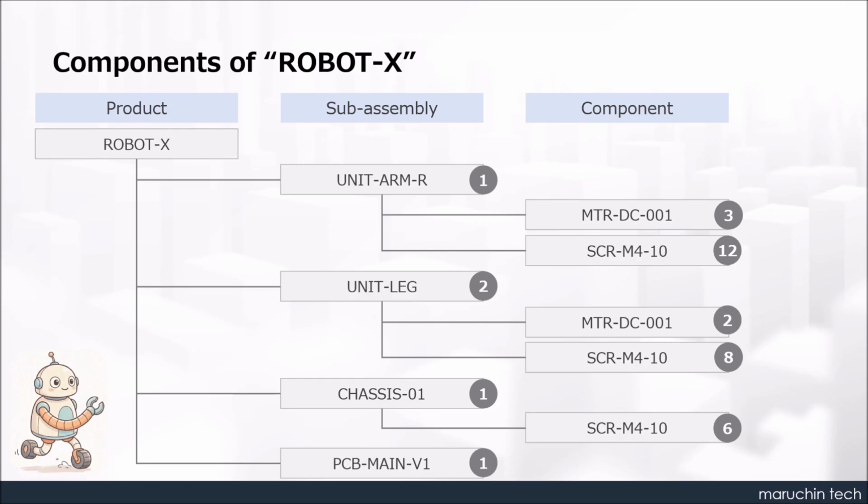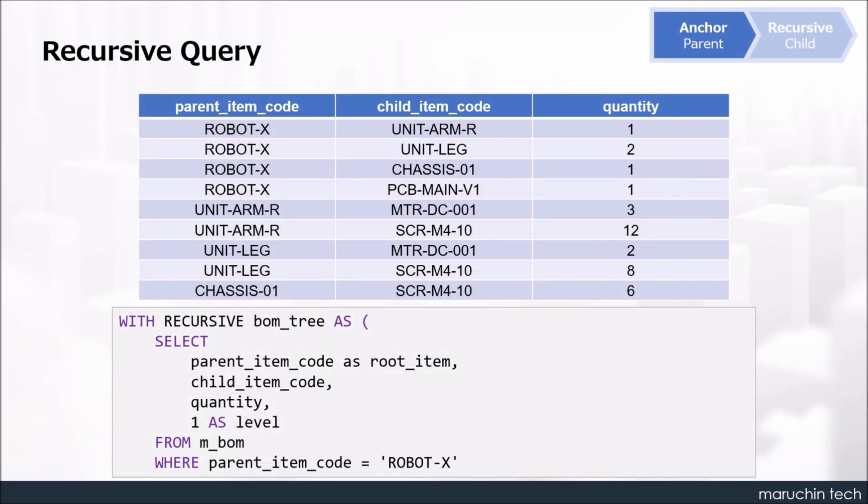Next, we create a table for the parts that are children of those semi-finished products and join them. Here is the actual query. Starting from mbom, we use the where clause to extract only the rows where the parent item code matches RobotX. These extracted rows represent the direct parent-child relationships for RobotX.